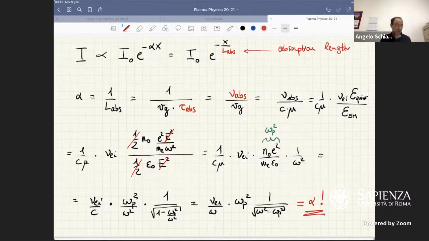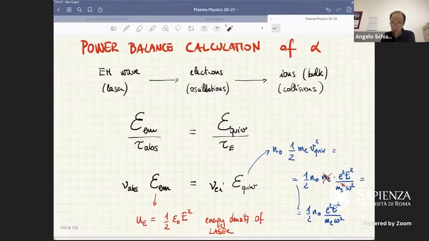How did we get here? Basically, by using a physical argument.